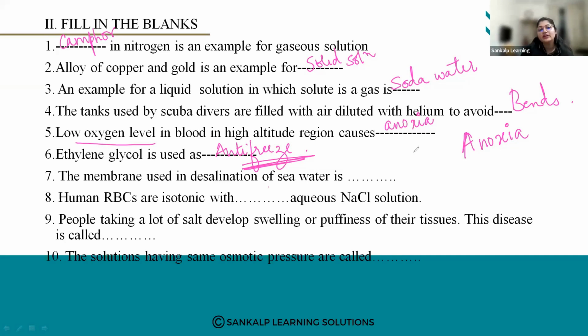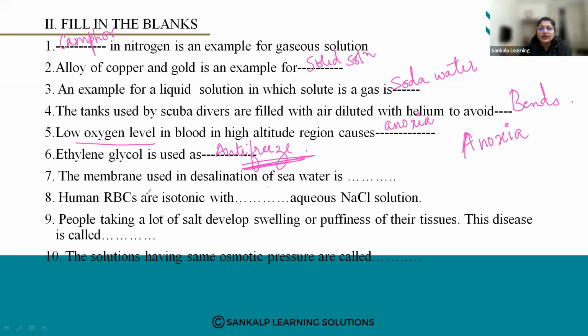What it will do is help prevent the formation of ice crystals, so that it can lower the freezing point of your water. So this is the meaning of antifreeze.